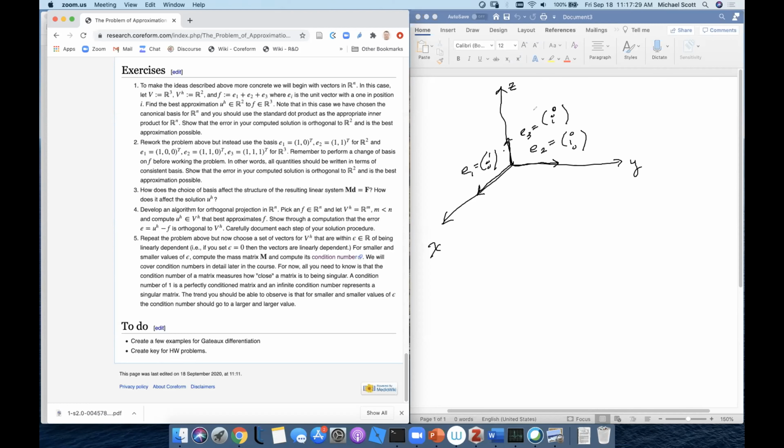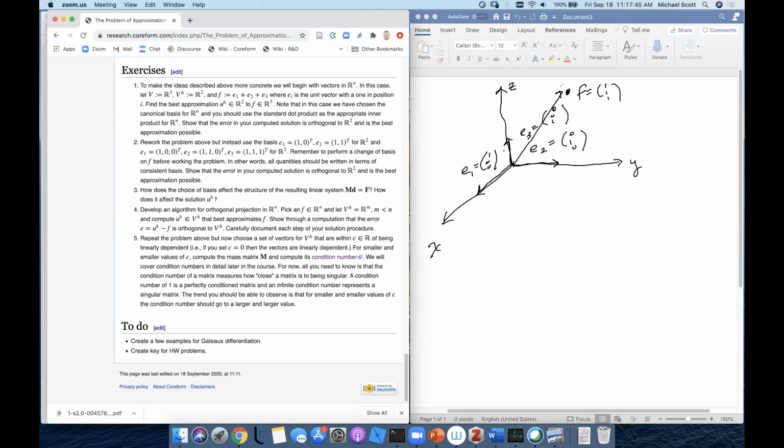And then I give you a vector F, which is up here somewhere. F is 1, 1, 1. So you should see that, right?